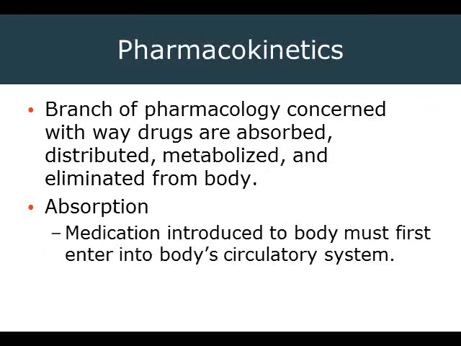So pharmacokinetics. This is the branch of pharmacology that's concerned with the way that drugs are absorbed, distributed, metabolized, and eliminated from the body. So absorption, this is the way that the drug is very first introduced into the body, whether that is through injection, inhalation, or ingestion.